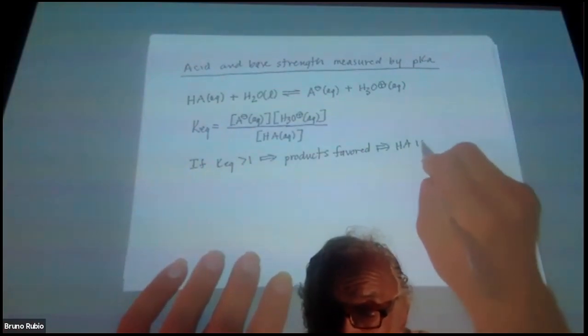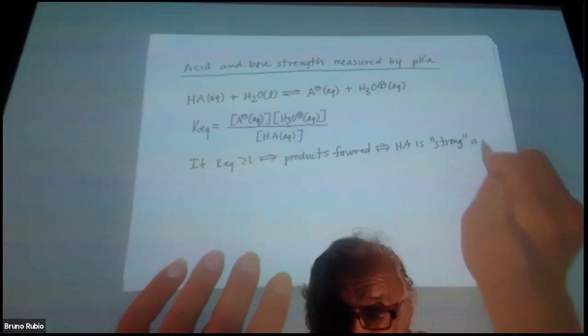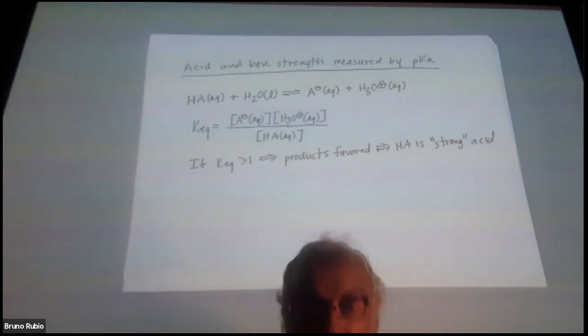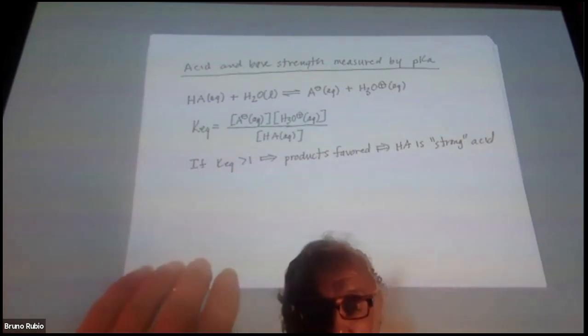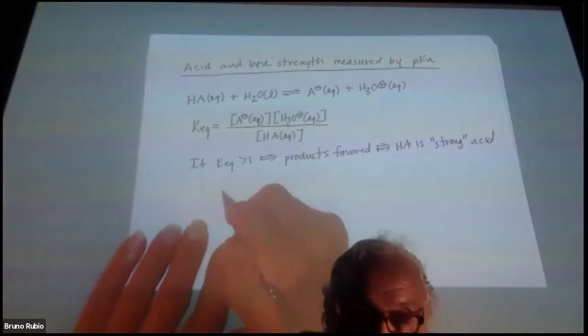HA really loves to give up that proton. Products are favored. The product of the reaction is what happens when HA gives up a proton to the base. So when the equilibrium constant is greater than 1, we're calling the acid a strong acid.